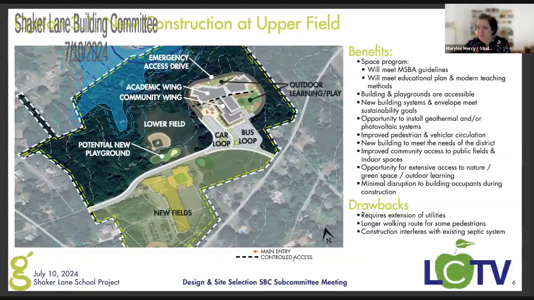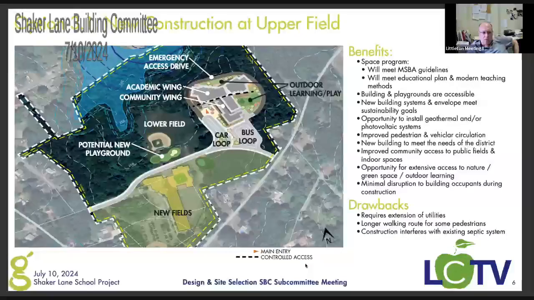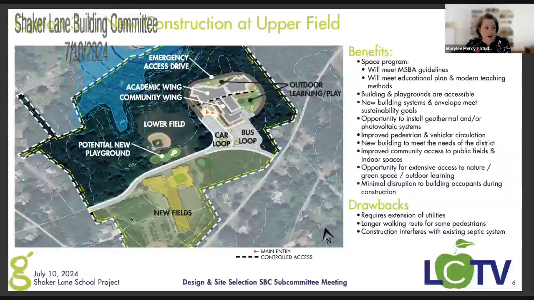Yes, Steve. So I don't know if I'm allowed to ask a question. I'm not on the committee, but where the new fields are, there is a big elevation difference between the current parking lot and behind the building. How would that be handled? So there's a bowl right here. This is all fairly flat. And then this area up here is fairly flat, and then it slopes down here.